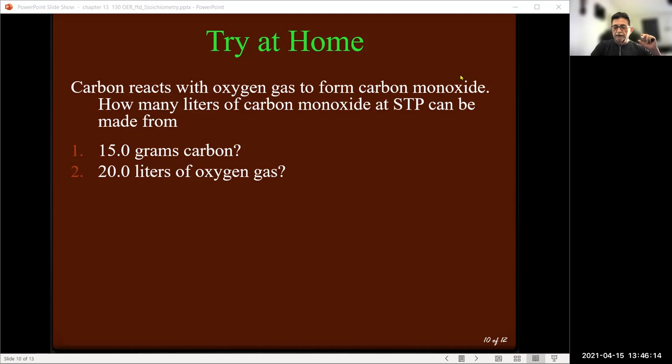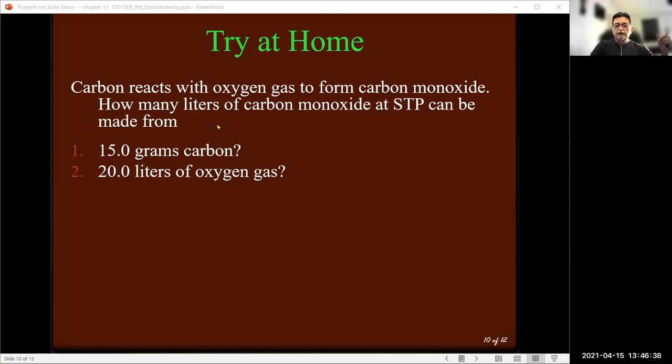Okay. There are 2 questions here. How many liters of carbon monoxide at STP can be formed from, first question, 15 grams of carbon.